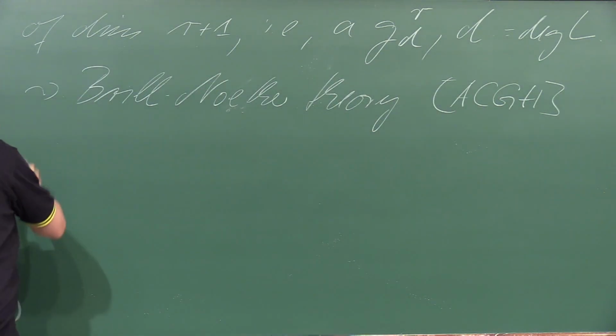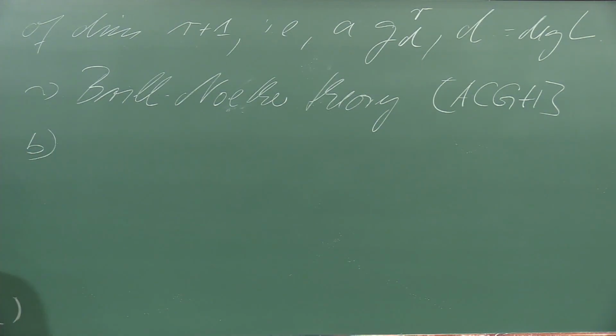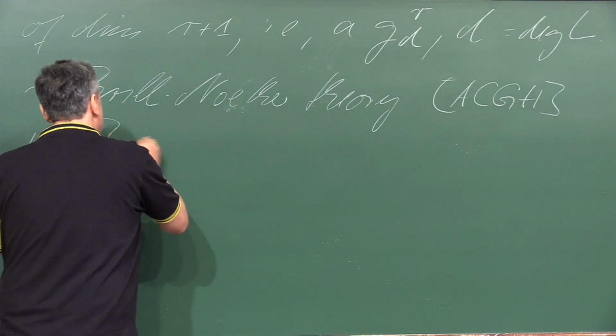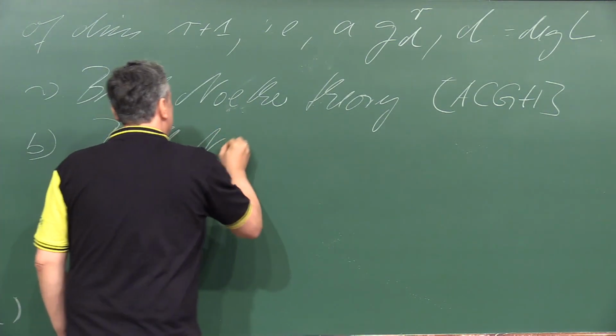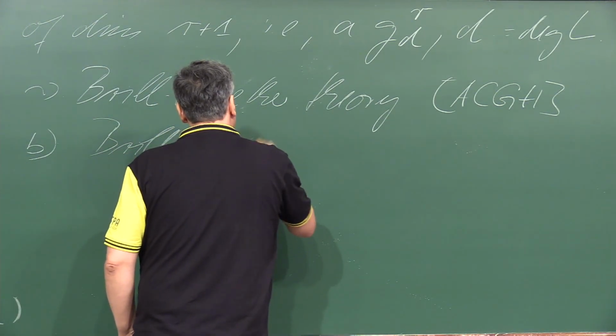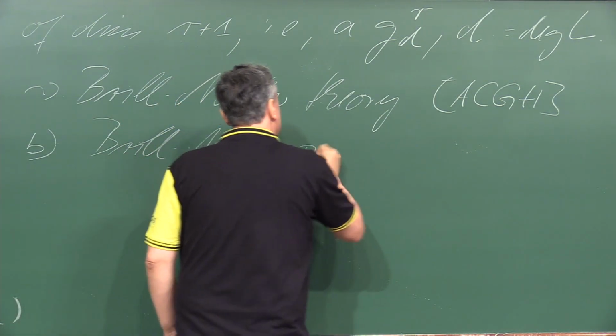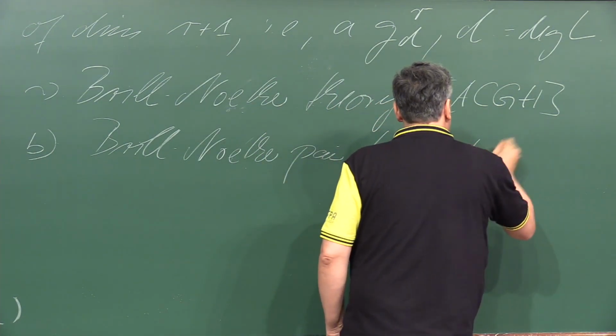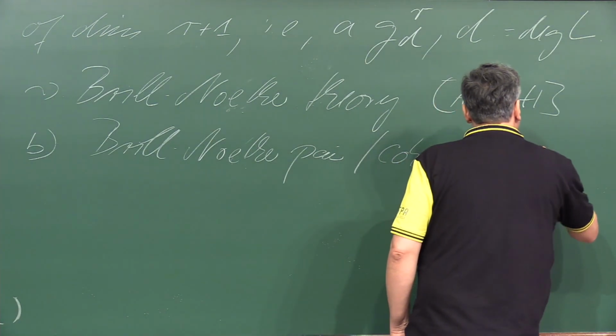And now you can try to look at natural generalizations of this. So I define a Brill-Noether pair, or more frequently it's called a coherent system.